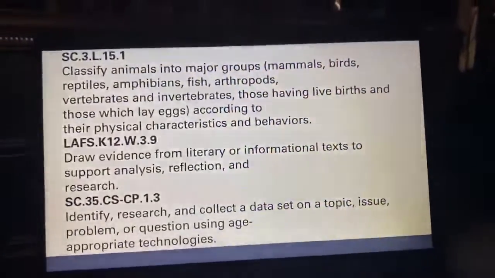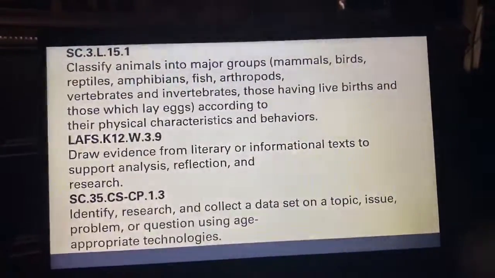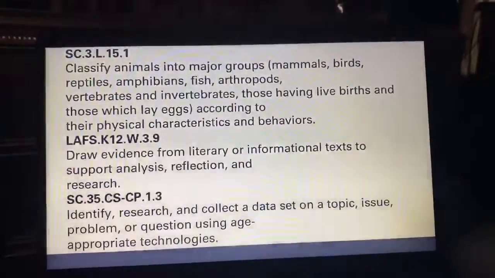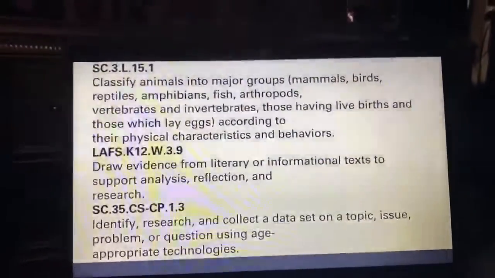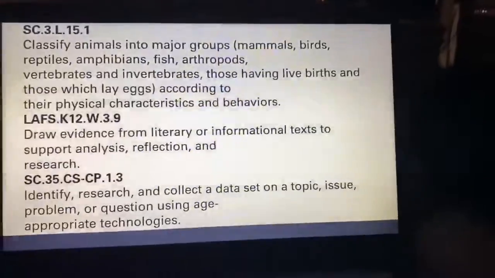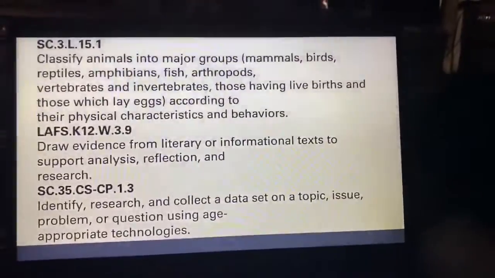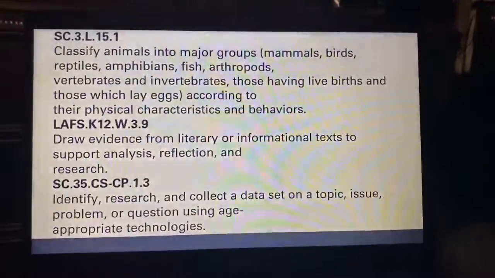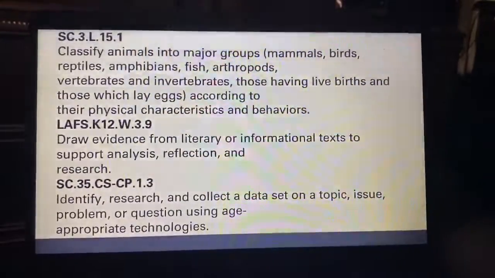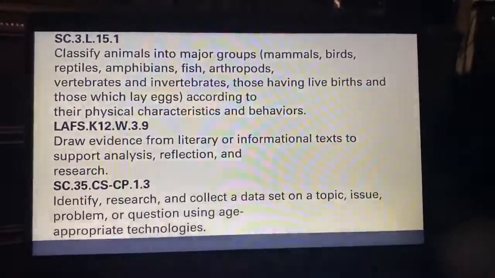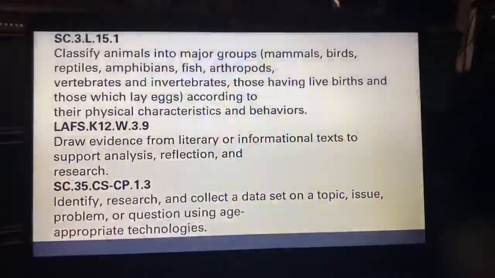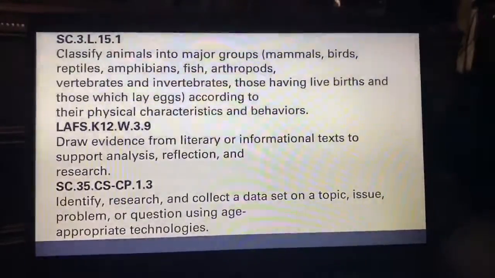We found 3 standards. First standard, SC3L1.5 and 1. You're going to classify those animals. Remember, our title is classifying and comparing animals into their appropriate animal group. So here, the first standard, classifying the animals into their major groups according to their physical characteristics and behavior.